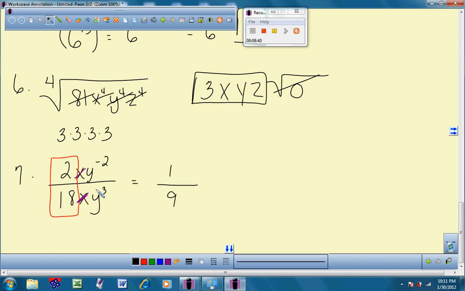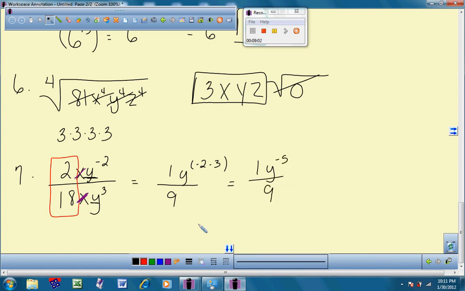Last, we will be left with y to the negative 2 over y cubed. Since my bases are the same, we are going to subtract those exponents. So what we get is another fraction of 1 y to the negative 5th over 9.